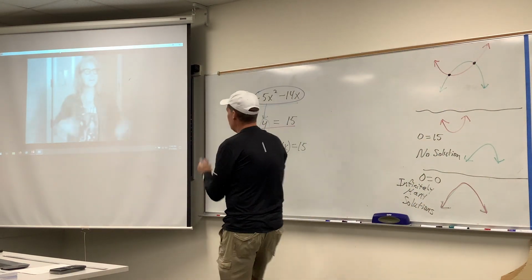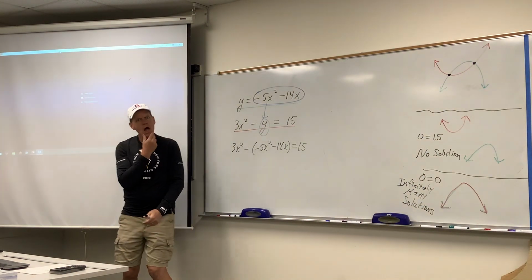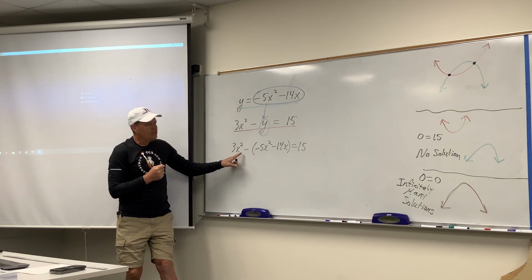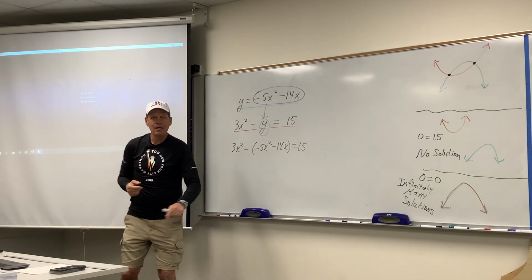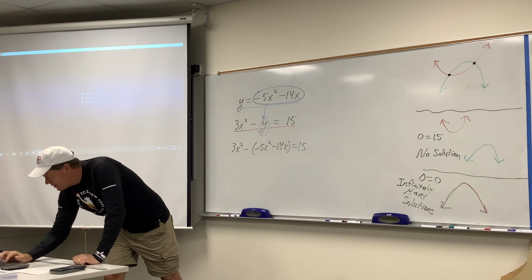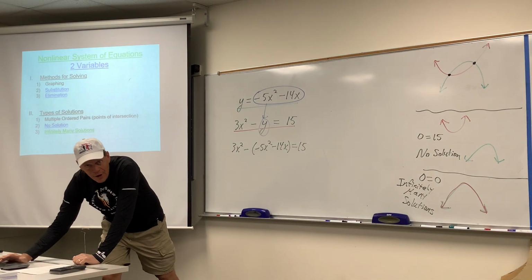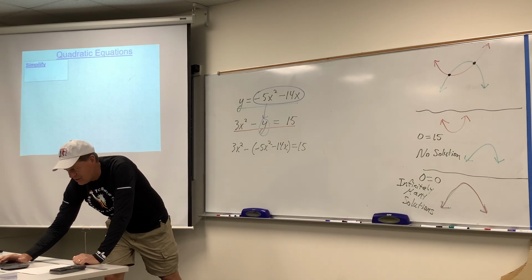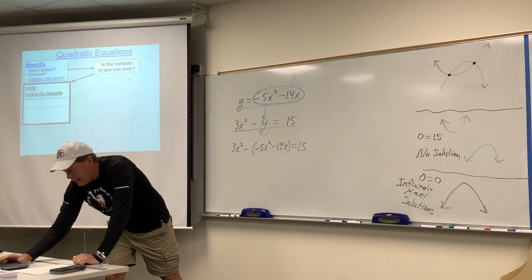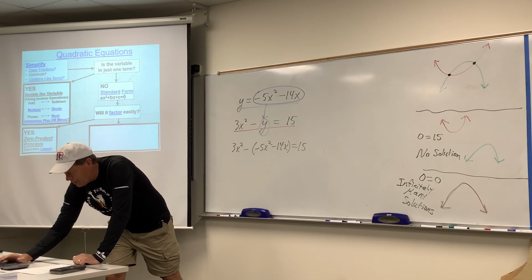Whoa. That's a quadratic equation, man. It's one variable, and it's got x squared in it. So you would go back to assignment 11. Oh my gosh, that's so long ago. Man, that was before spring break. That's when we were together in this room, wasn't it?